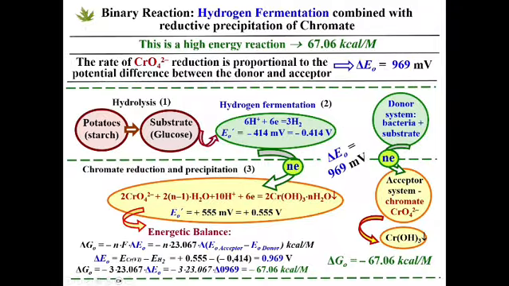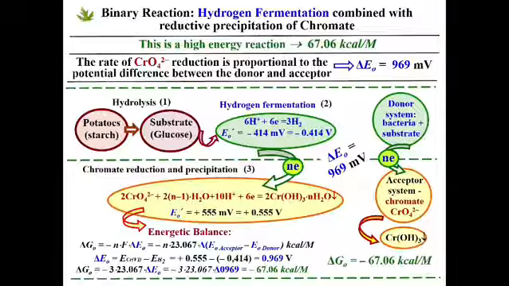Here you can see the thermodynamic confirmation of the effectiveness of these two combined reactions. Low potential donor reactions, that means anaerobic hydrogen fermentation, and high potential acceptor reactions, that means the reduction of chromium-6 to insoluble chromium-3. And a really large difference in redox potential, close to 1000 millivolts.